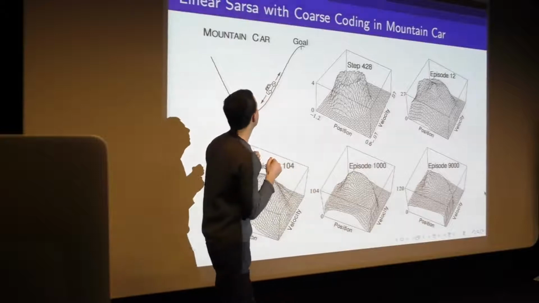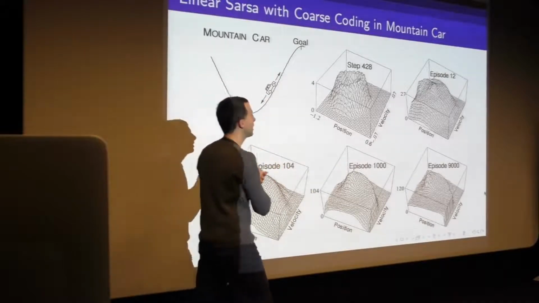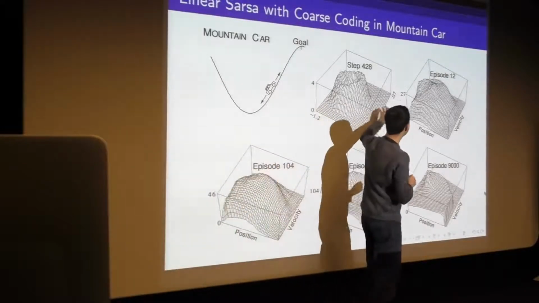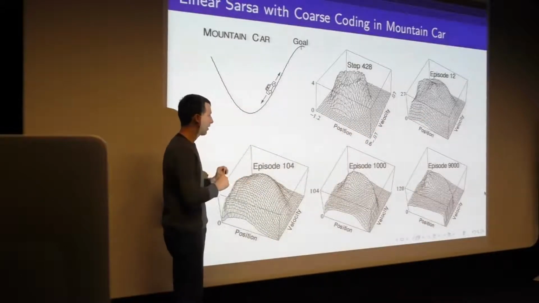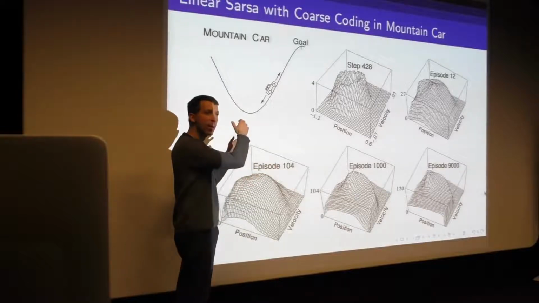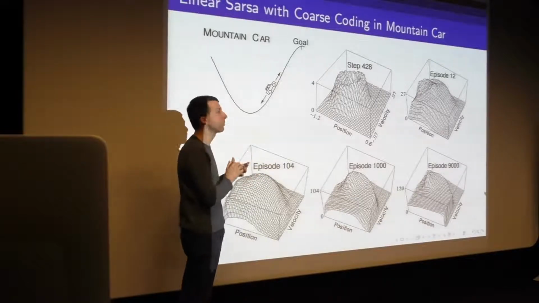Over time, as the policy starts to improve, we start to see more and more shape emerging out of this function approximator. This is doing our generalized policy improvement using the SARSA algorithm.